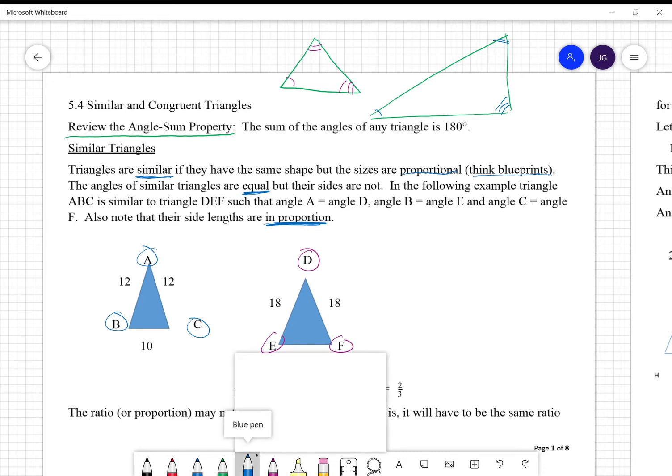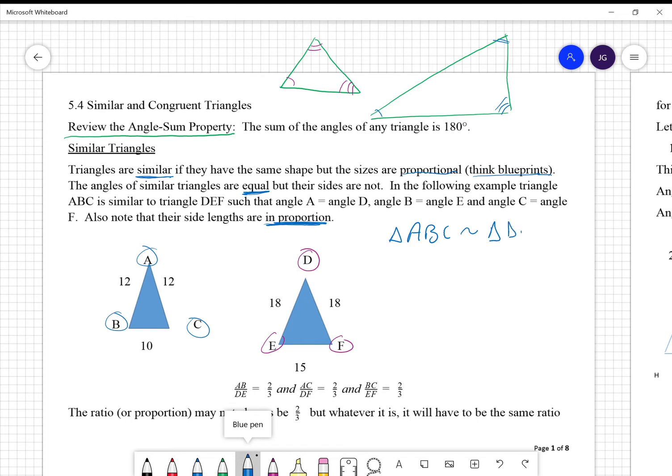If you are told that triangle ABC is similar to triangle DEF, that means just by the order that it's written, A and D are equal, B and E are equal, and C and F are equal.